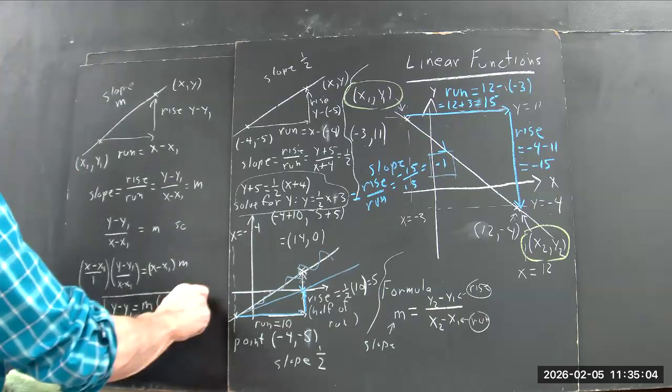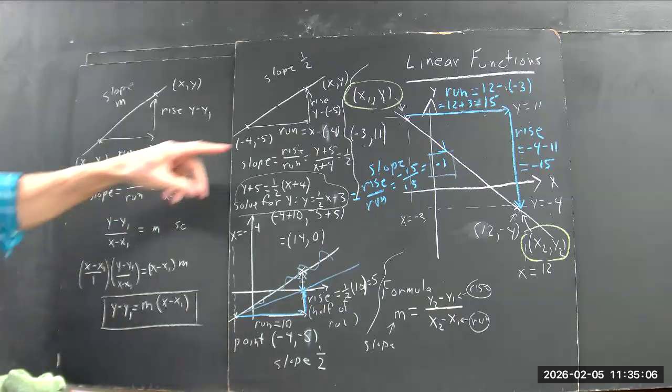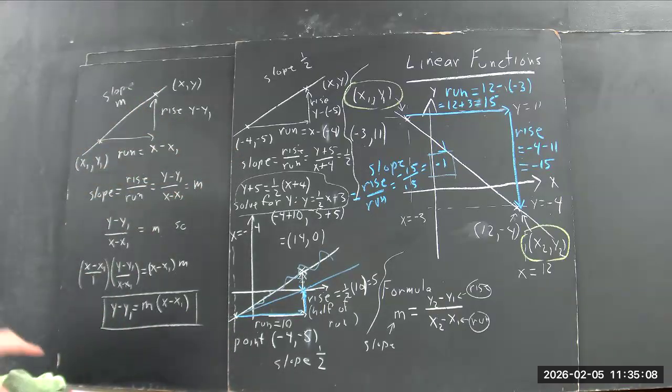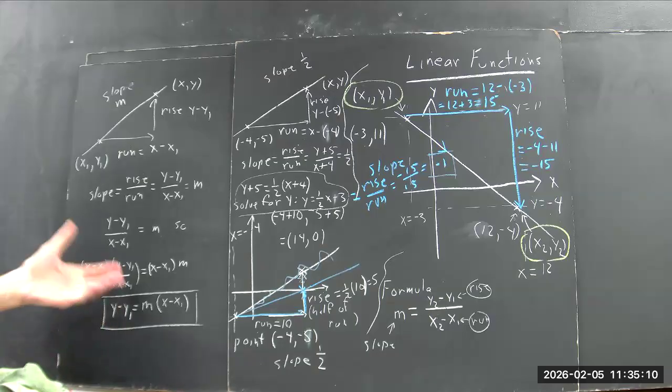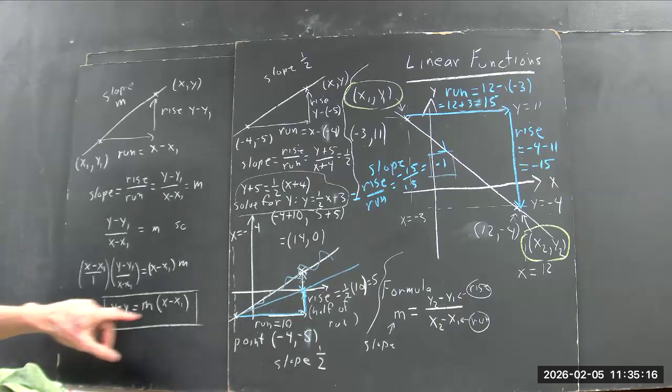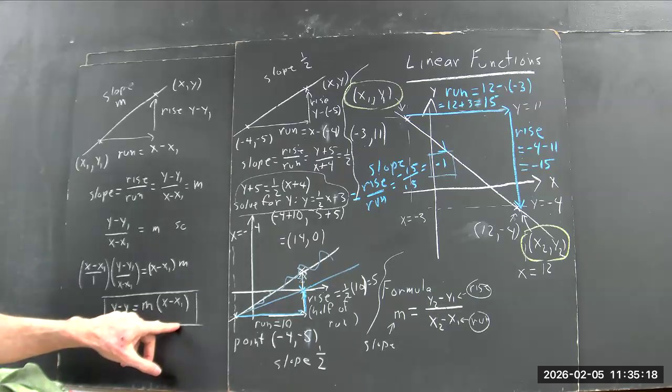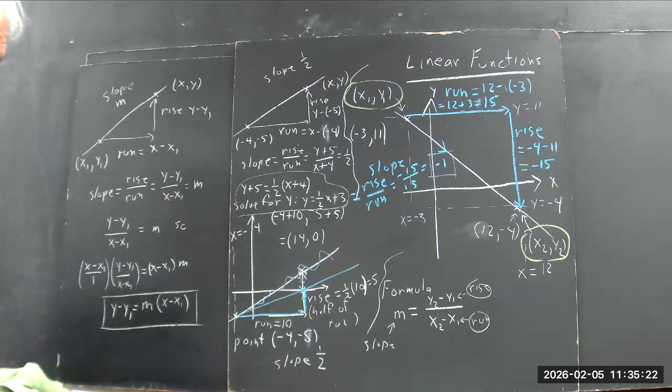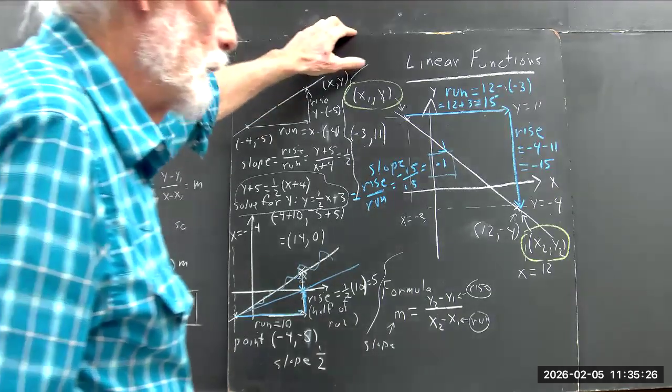Now, here's a formula. Formula means something, and I recommend that you understand what it means because you'll be able to use it better. You'll understand more about straight lines. But whether you do or not, here's a formula. Okay? So what do we have?